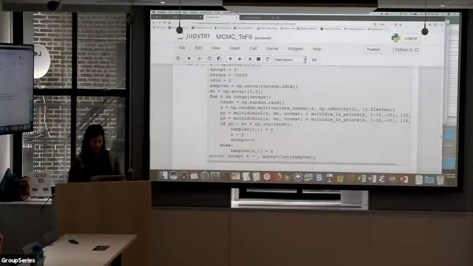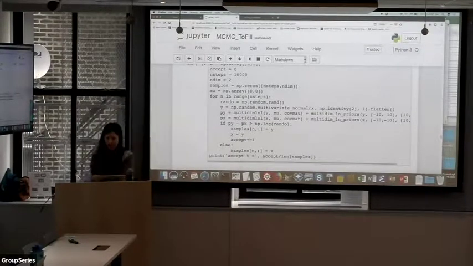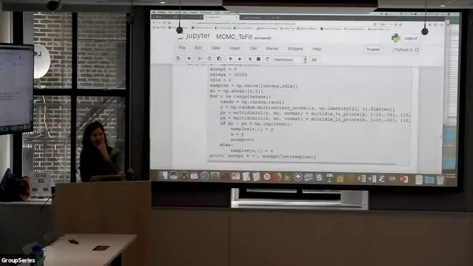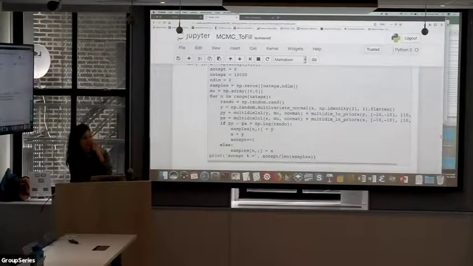And so how can I go in here and make my proposal density small? Where is my proposal? Which function here is the proposal density? It's telling me how to take a new step.